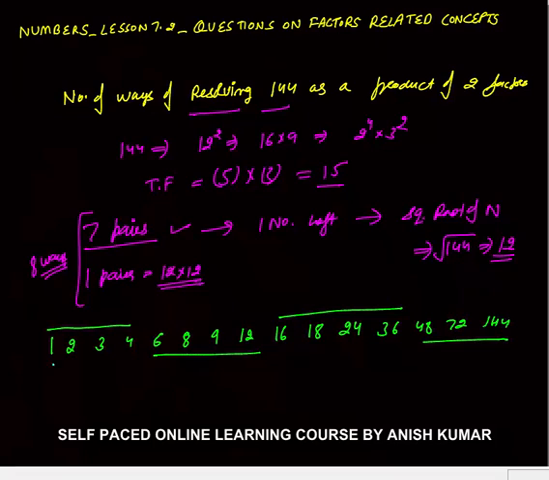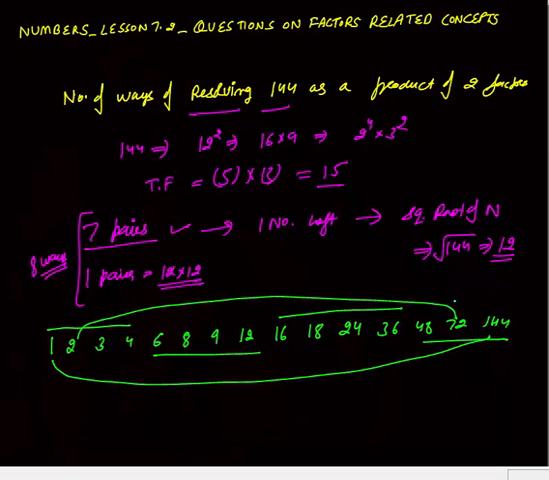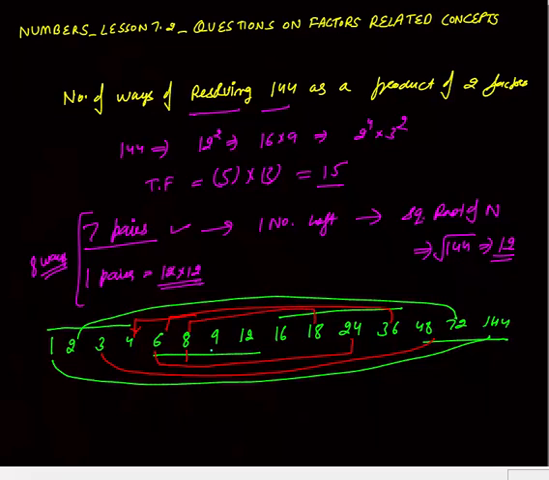Now you can see that first into last you will get a product of 144. Second into last, 2 into 72, you will get a product of 144. 3 into 48, 36 into 4, sorry, 6 into 24, 18 into 8, 9 into 16.